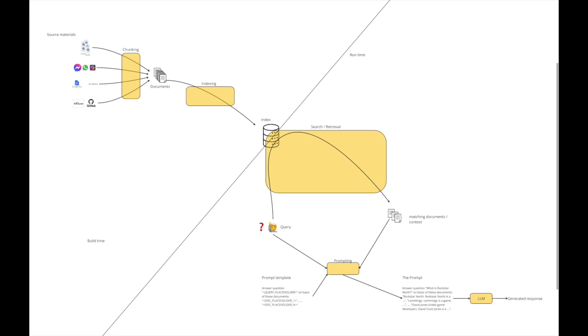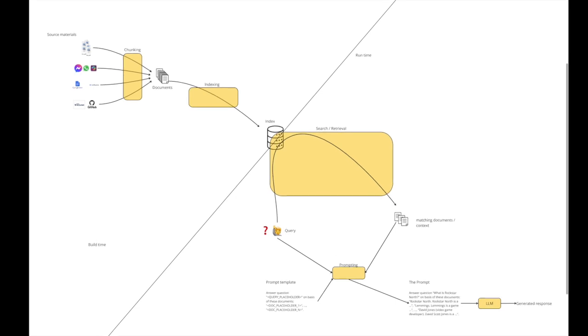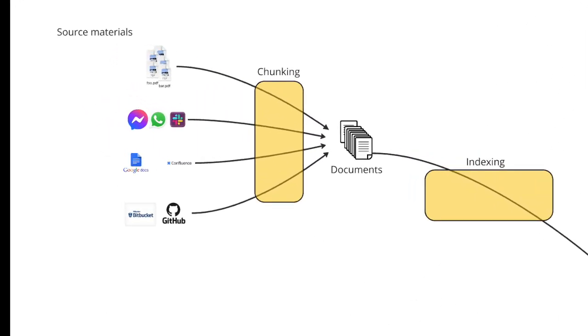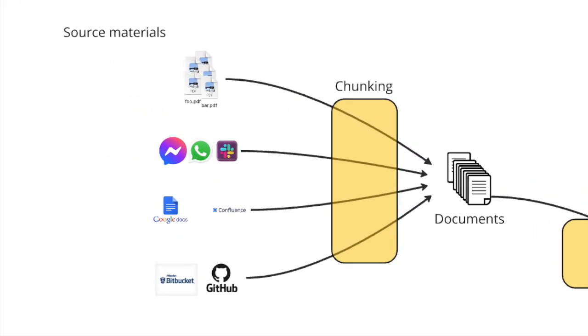So here I have a picture or a diagram of the RAG application internals, and if we zoom to the top left part of this picture, we will find that something called chunking happens here. Your organization might have PDF documents, even PDF books that need to be used in a RAG application.